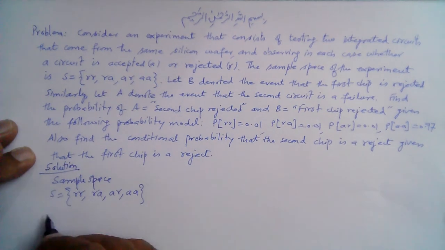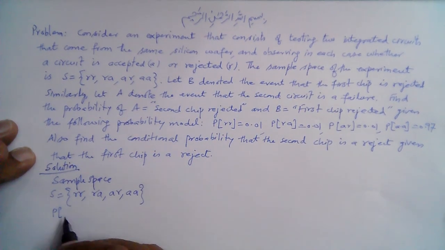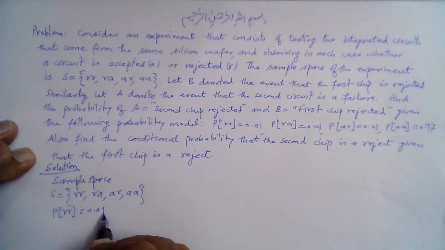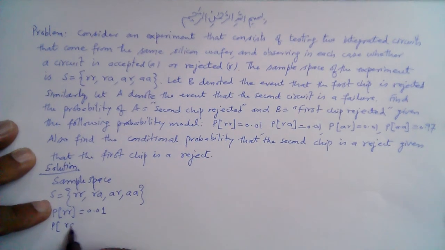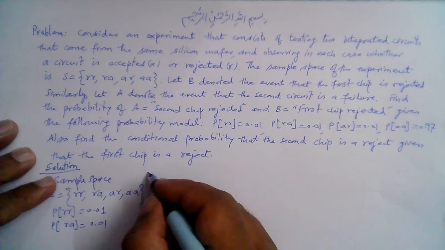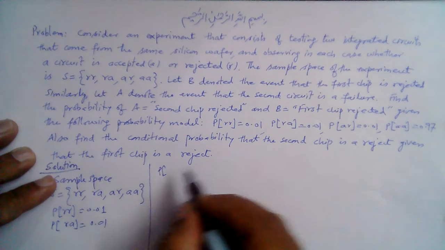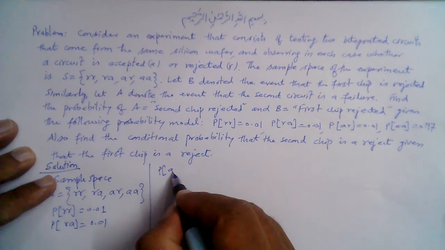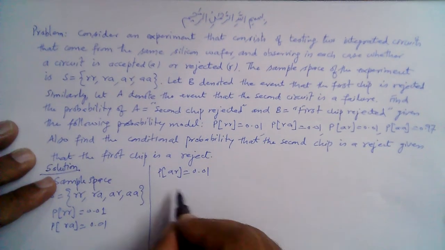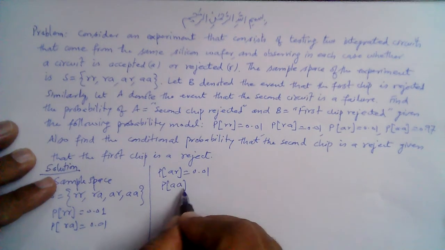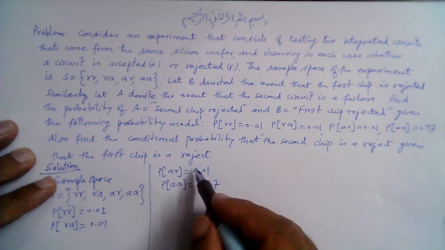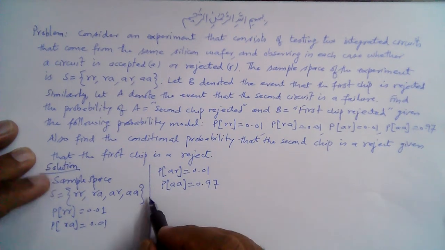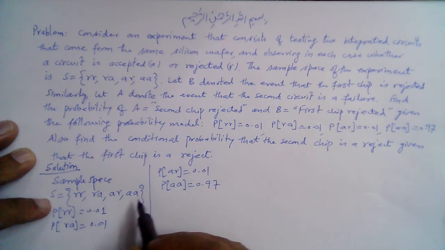The probability of RR is very small, the probability that both get rejected, and then the probability of RA is again very small, that one gets accepted and the other gets rejected. Similarly, the probability of AR, accept, reject, is also 0.01, but the probability that both get accepted is very high, which is 0.97. And you know that in a probability model, if you sum all these probabilities together, you get 1, which is the probability of the total sample space.